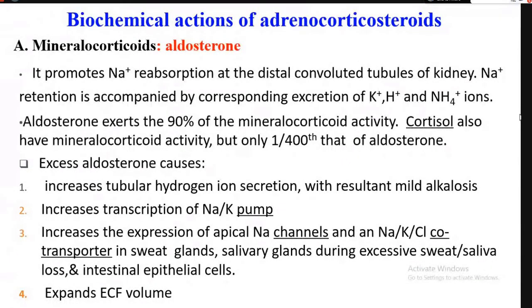The glucocorticoid cortisol has very minor mineralocorticoid activity. That's why in Cushing syndrome, because of mineralocorticoid activity, sodium is retained in the body, and there is hypertension because of that.